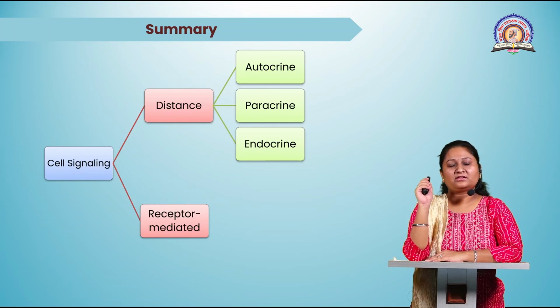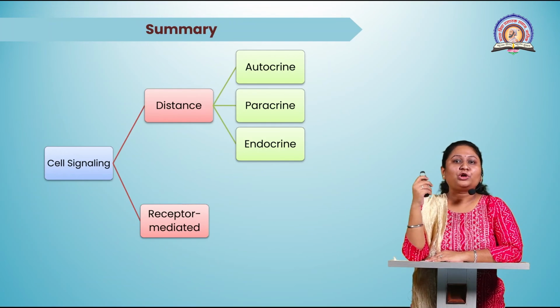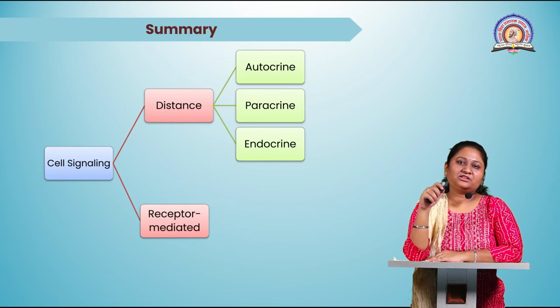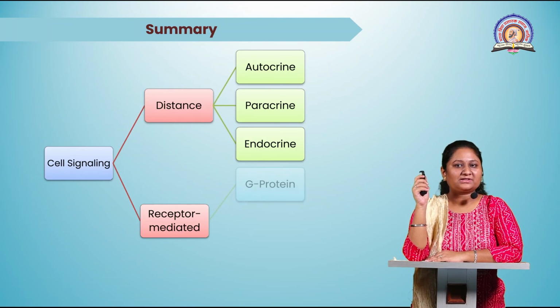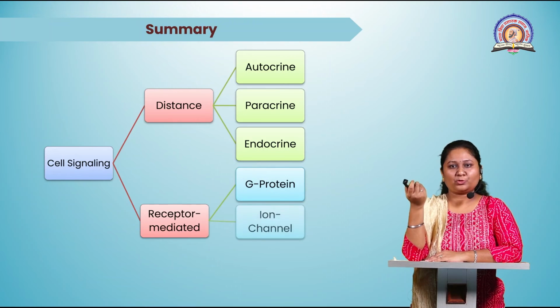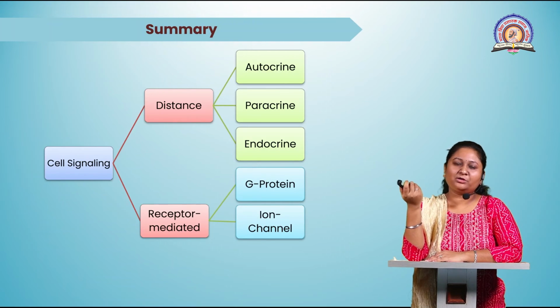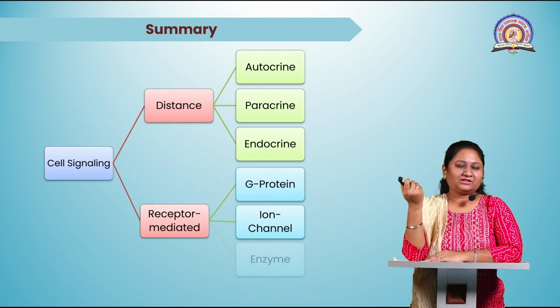In the earlier type, we had seen that the signaling molecule has to go and bind to the receptor present on different cells for activation. There are three types of receptors. First is G protein coupled receptors, which have a G protein that is activated by binding to extracellular signaling molecules and then brings about a cell response.